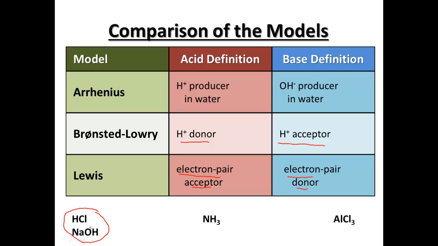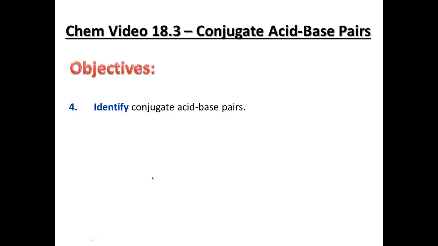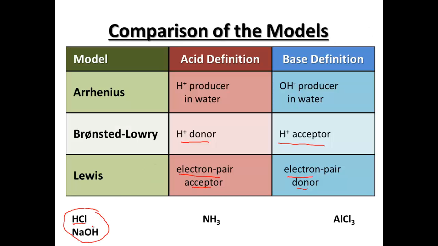To begin with, we had hydrochloric acid, HCl, and sodium hydroxide, giving us H plus and OH minuses. Later came the Bronsted Lowry model, where NH3 could accept an H plus, and later on the Lewis structure, where aluminum chloride can accept a lone pair of electrons. Just a couple of examples of how models have changed over time.